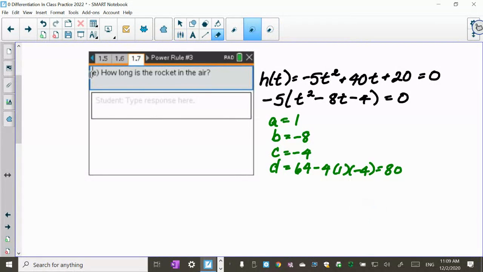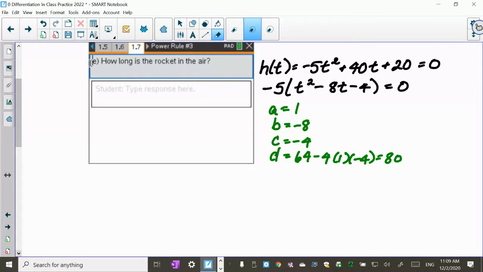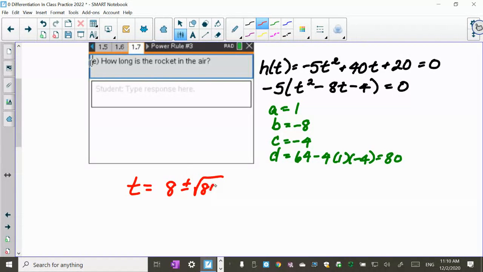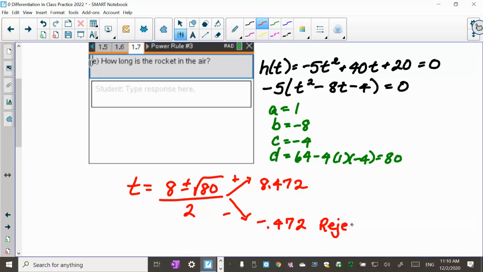So I now know that my time equals negative b, which is 8, plus or minus radical 80, all over 2a, or 2. When I did the positive, it came out to be 8.472. The negative was negative 0.472, which we're going to reject because that's even before it was launched.